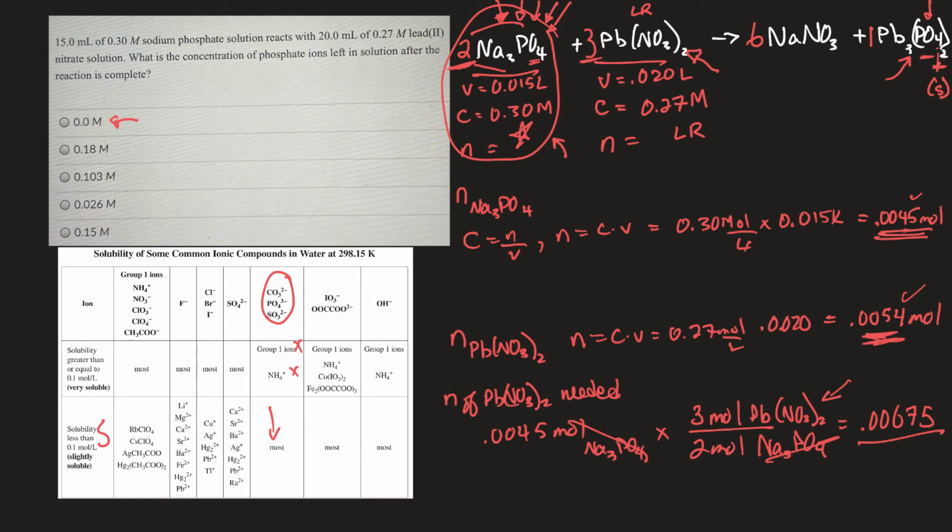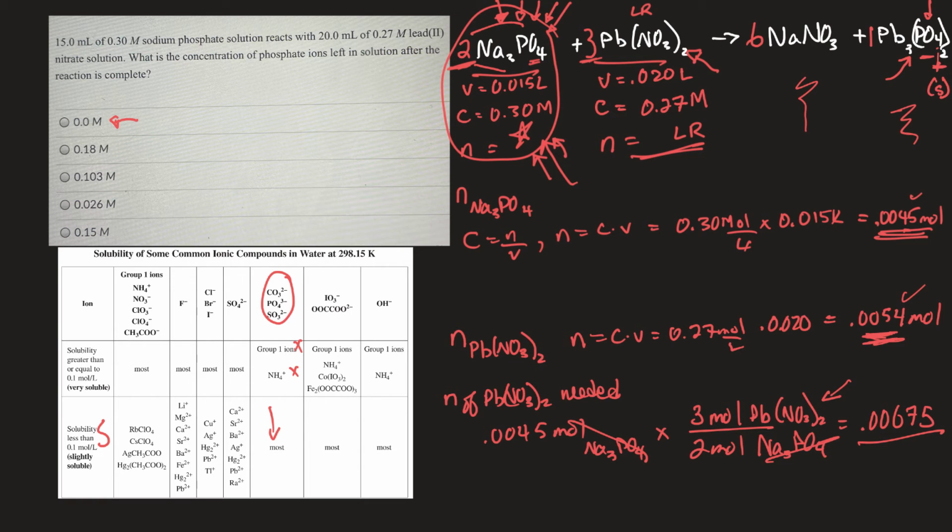So typically what I would do is forget this one and just work with this one because it's the limiting reagent. But in this question, they don't ask how much of this stuff or how much of this stuff they need. They say how much of this stuff is left over. Okay, great. So that's a little bit different, harder question.